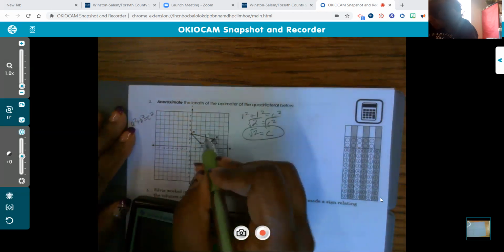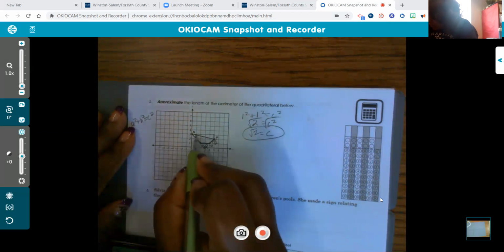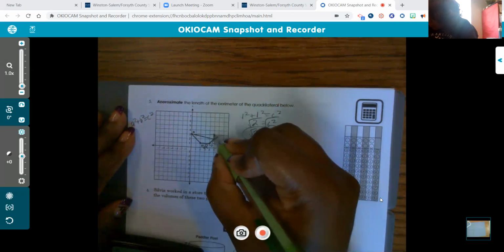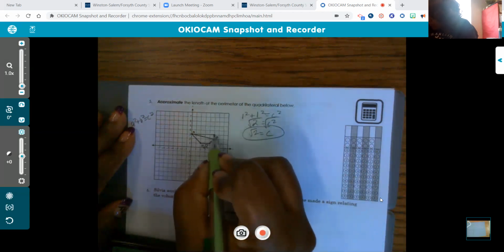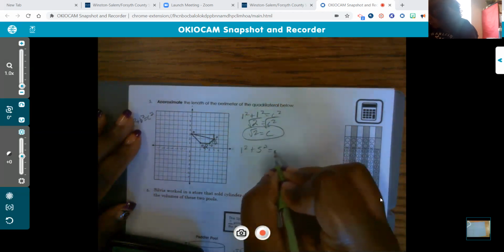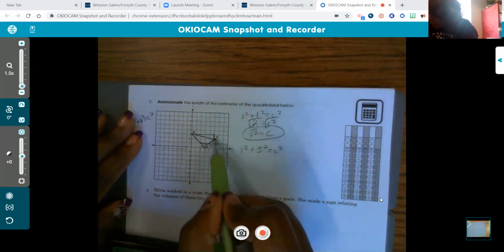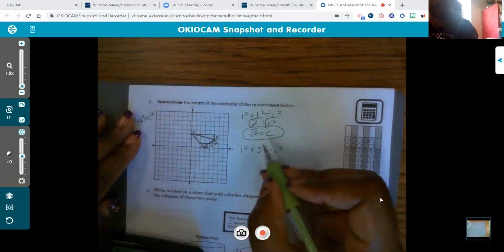So let's find this one. Draw a right triangle for this one, so you can figure out this measurement. So this is 1, and this is 1, 2, 3, 4, 5. So 1 squared plus 5 squared equals c squared. So you can find this hypotenuse here, or that measurement.